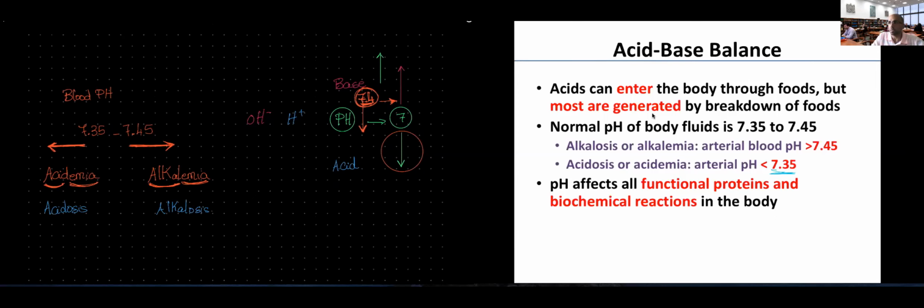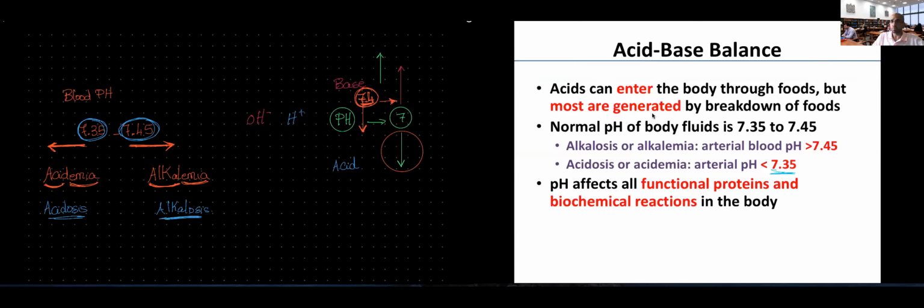So again, if a person has a blood pH less than 7.35, he has acidosis. If a person has a blood pH greater than 7.45, it's an alkalosis.